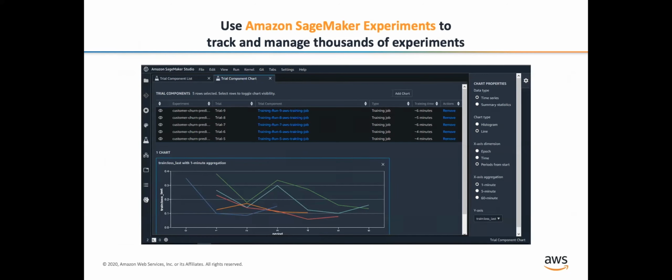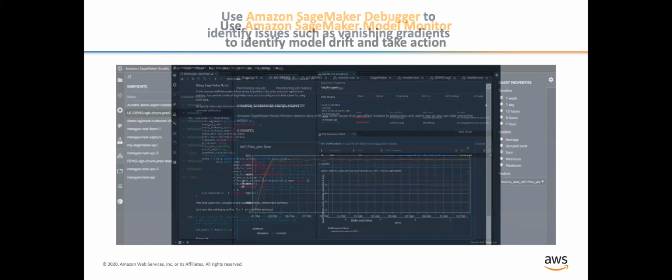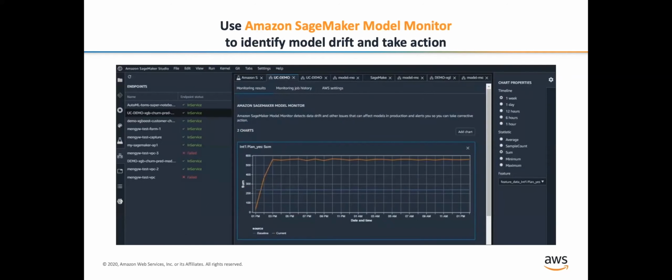As an experiment, you can run many times in different places and compare thousands. You can debug it when you have issues. I mean notebook, it's not like PyCharm or something. You can look at what's going on underneath. I can monitor.